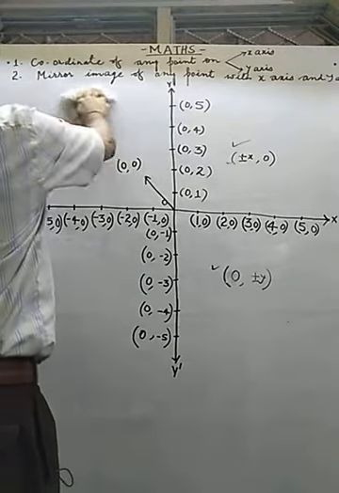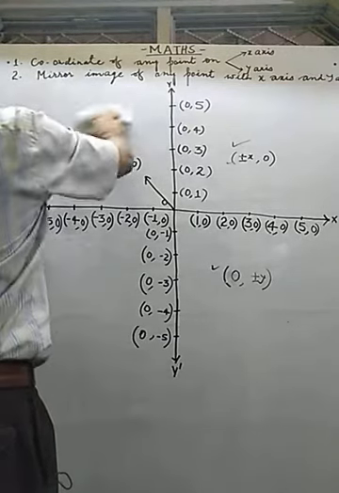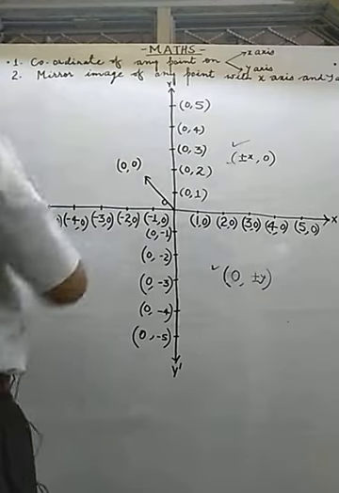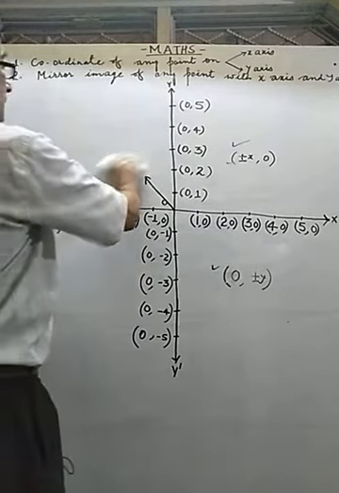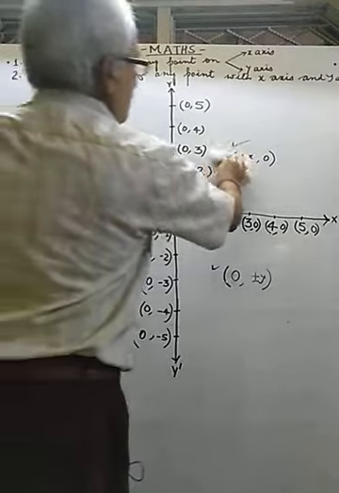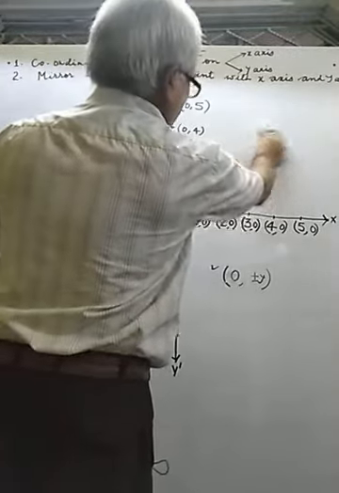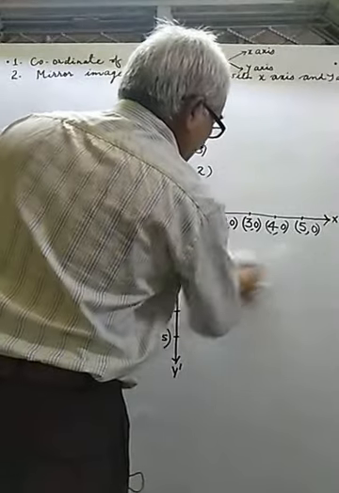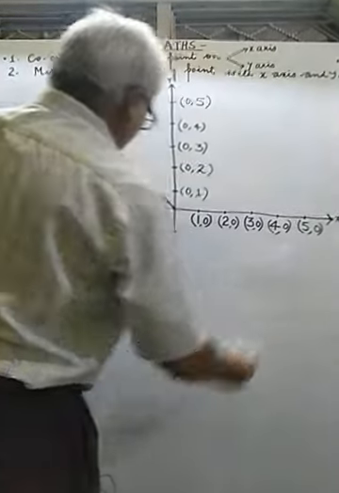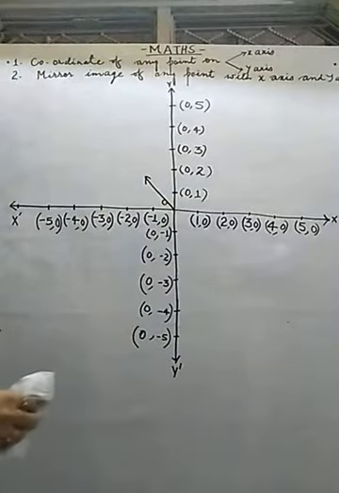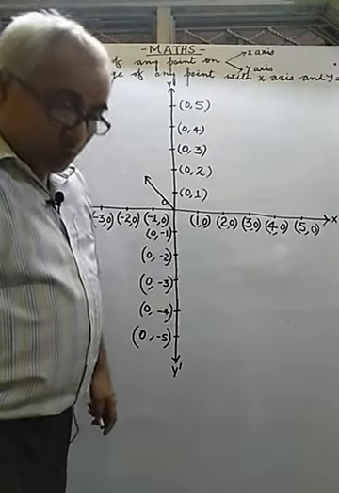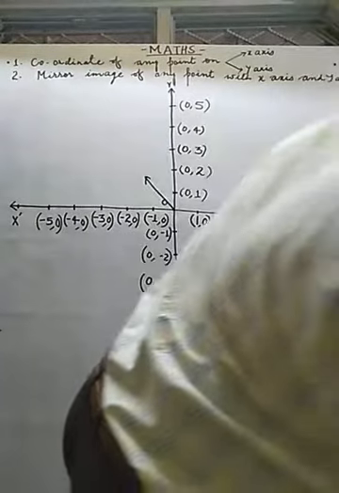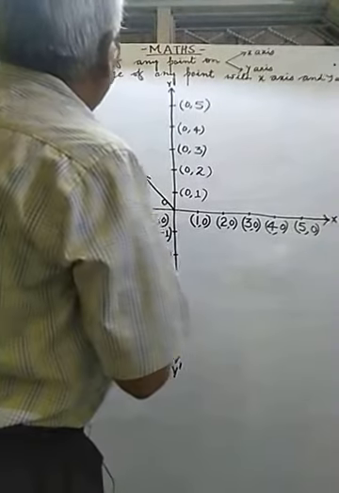When a ray is reflected from a plane mirror, how the image formation is there. The very concept of that is taken here in the mirror image of any point with respect to the x-axis and with respect to the y-axis. So let us firstly discuss how the reflection of a ray is there on a plane mirror.